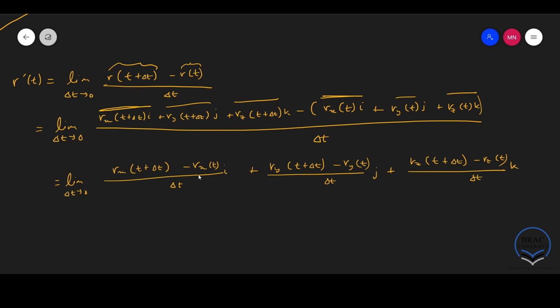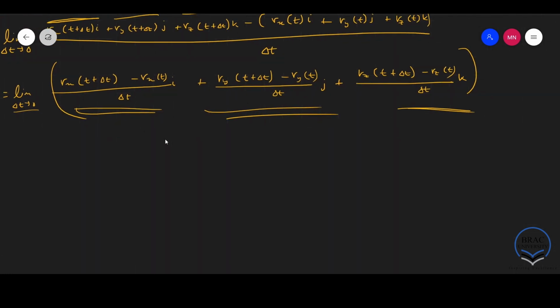As you can see here, we have these three different terms, and we're finding the limit as delta t approaches 0 for each of these terms.